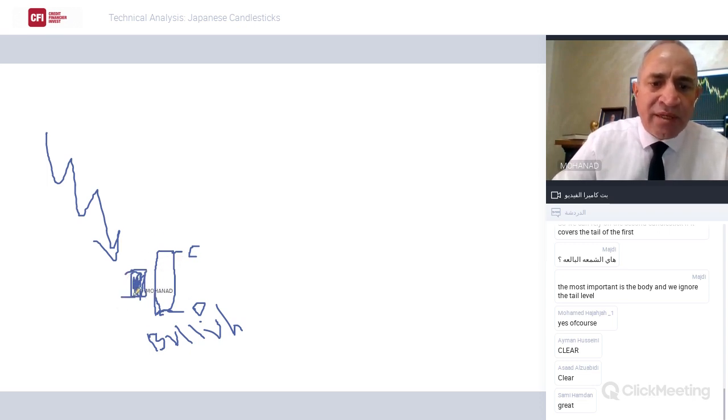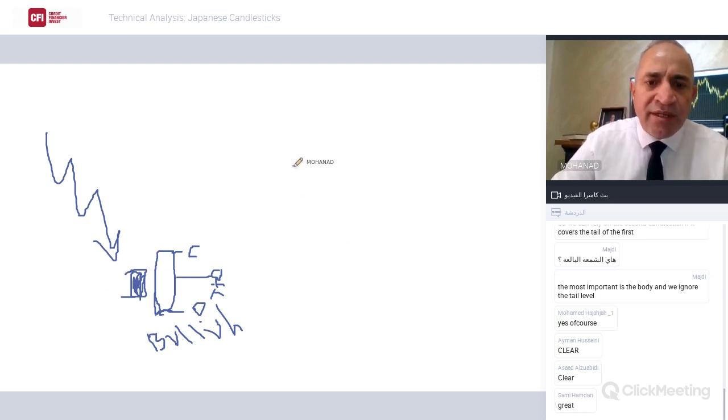It covered it completely. Suppose we are standing here, we cannot see the black candlestick. That's why they called it bullish engulfing. It engulfed the black candlestick completely.